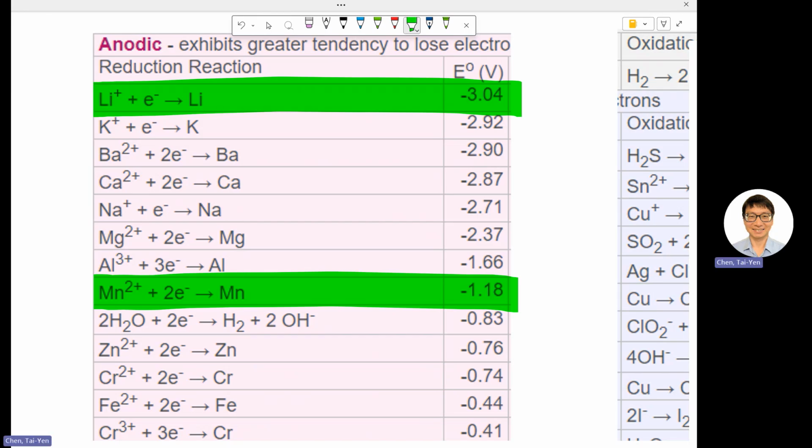Remember I said we should always look for the less negative potential. That's what I mean here. You can see that Mn2+ requires much less voltage to get reduced. So that is the thing I want to emphasize. Is that clear? Okay.